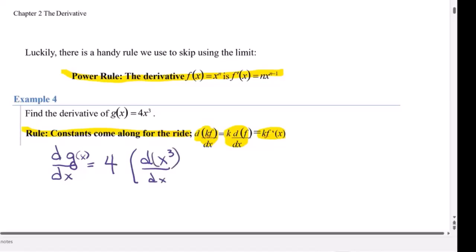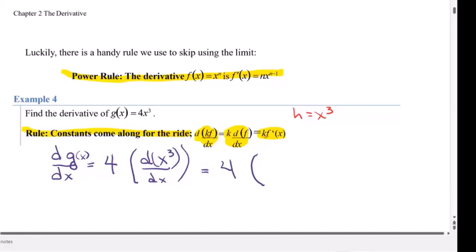That's all I'm really doing, is taking the derivative of that. Well, that's the power rule. So we can say this is 4. Let's say h is equal to x to the third.